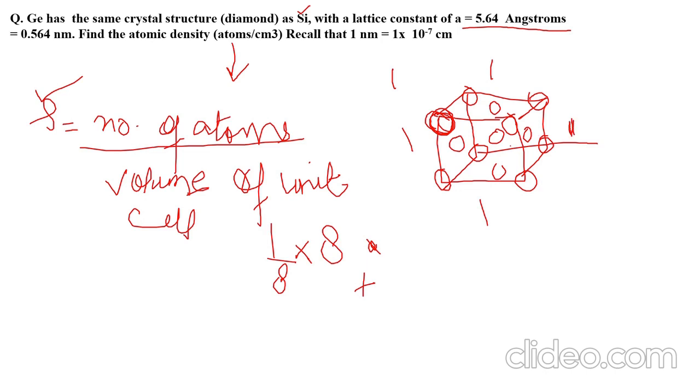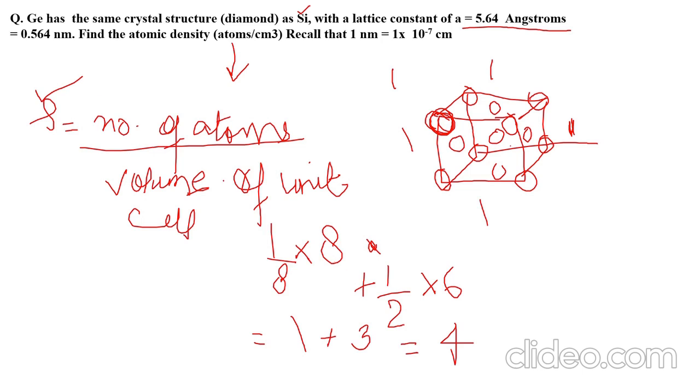It contributes only half of its atom to this unit cell, and the rest to the other unit cell. We have 6 face centered atoms, 1, 2, 3, 4, 5, and 6. So overall the number of atoms belonging to this unit cell is 1 plus 3, so we have 4 atoms contributing to this unit cell.